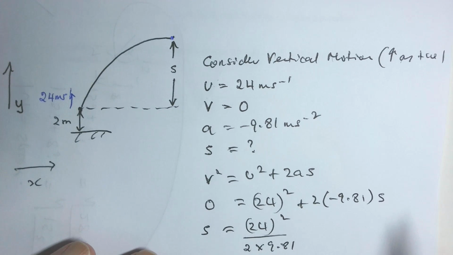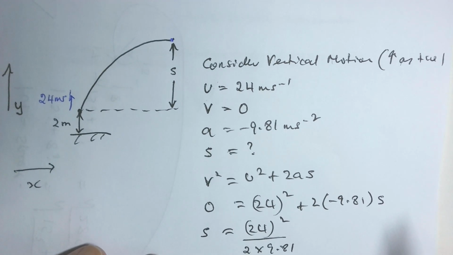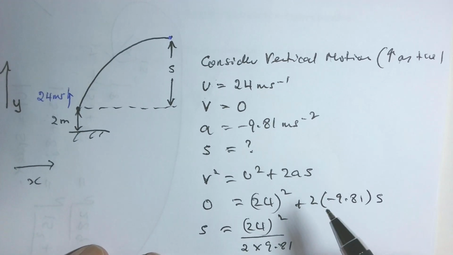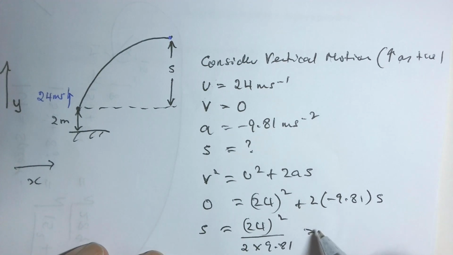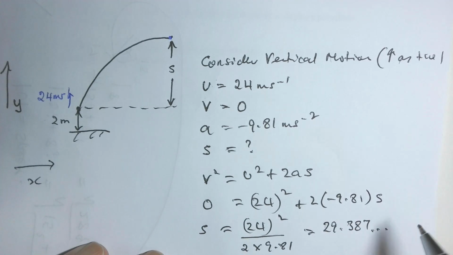Okay, and when we rearrange that, we end up with 29.387, etc.